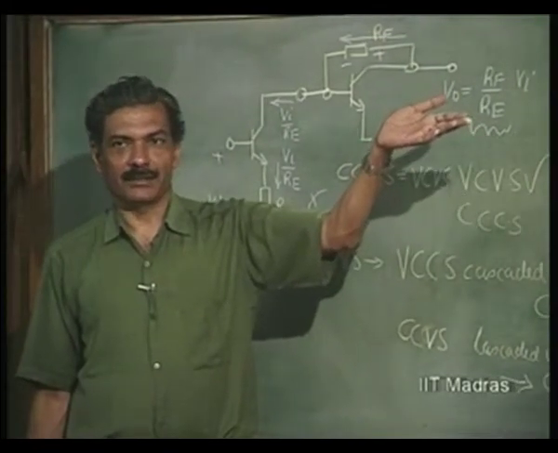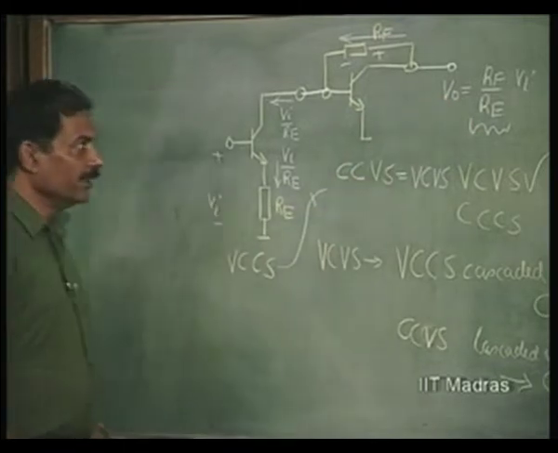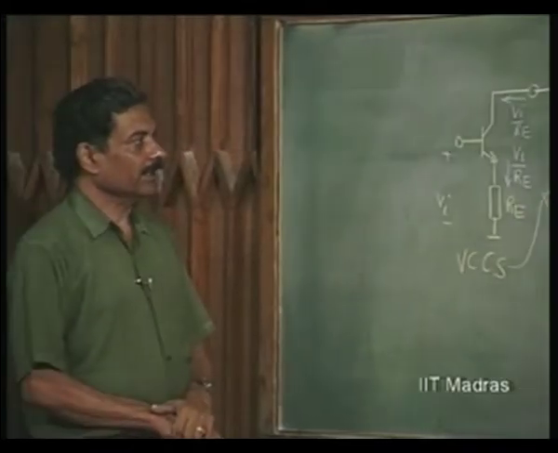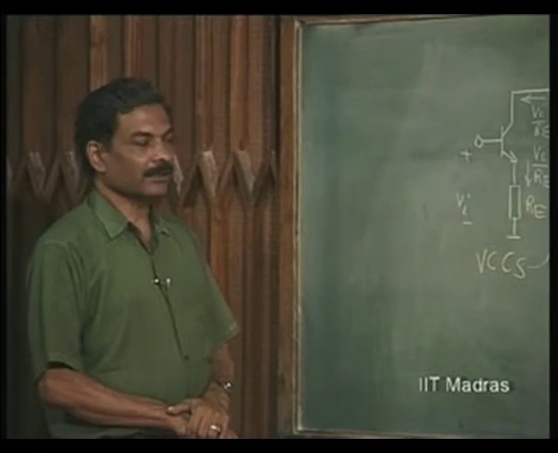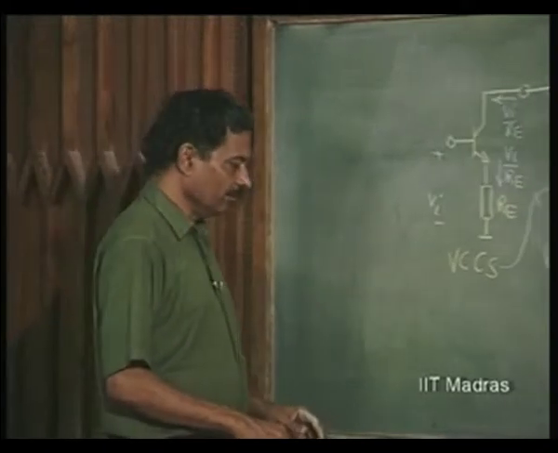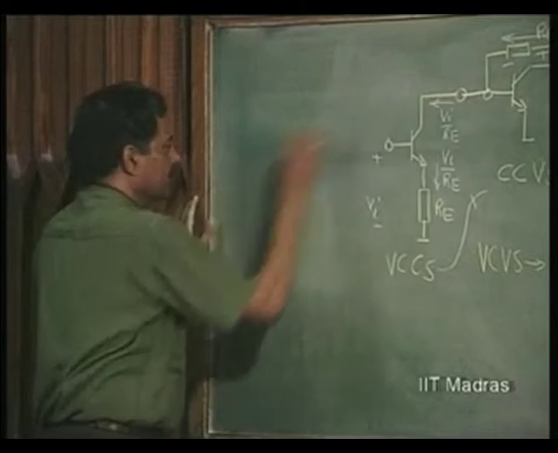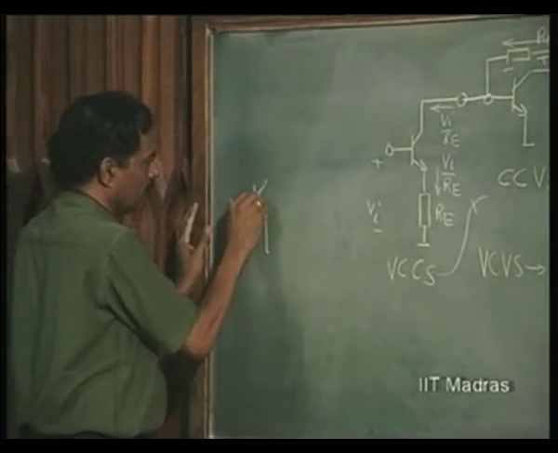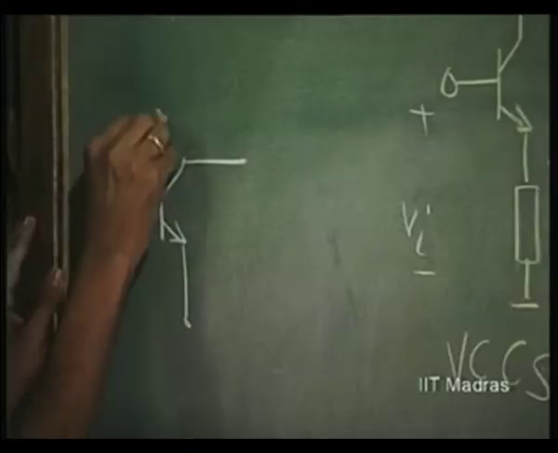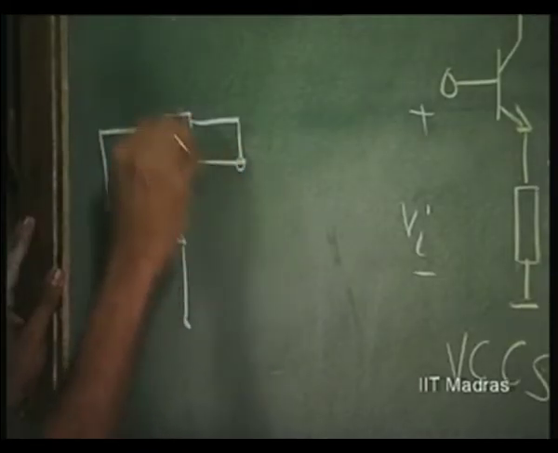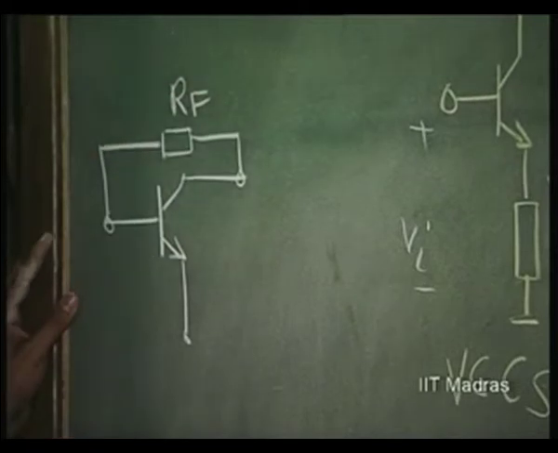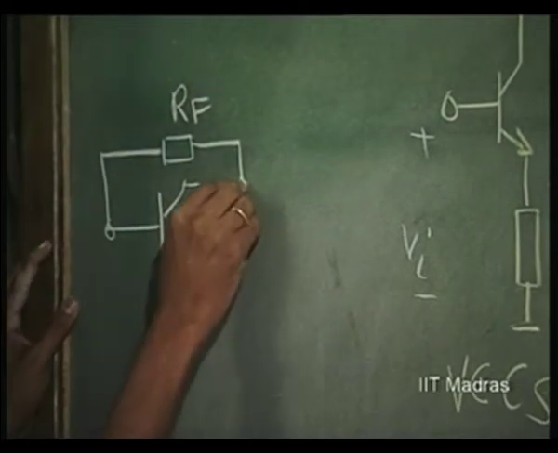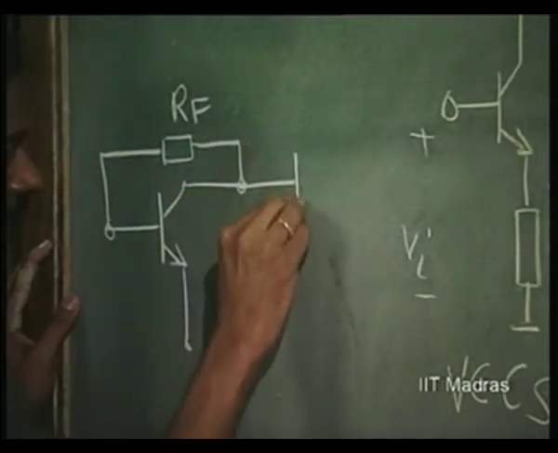Similarly, you say okay, I want a current controlled current source, not this, then what you do is simply put this first, R F. So, put the current controlled voltage source first and then you put this later.